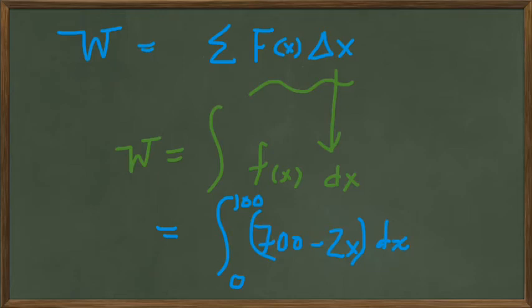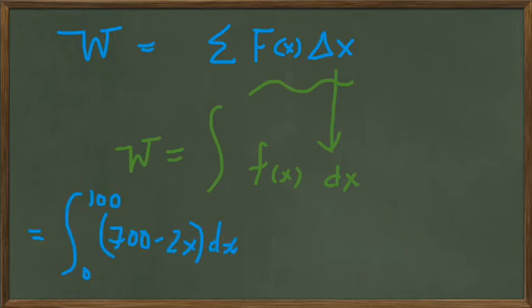And when we integrate that, we get what? 700x minus x squared, evaluated between 0 and 100, and that gives us 70,000 minus 100 squared, which is 10,000, which is 60,000 foot-pounds.